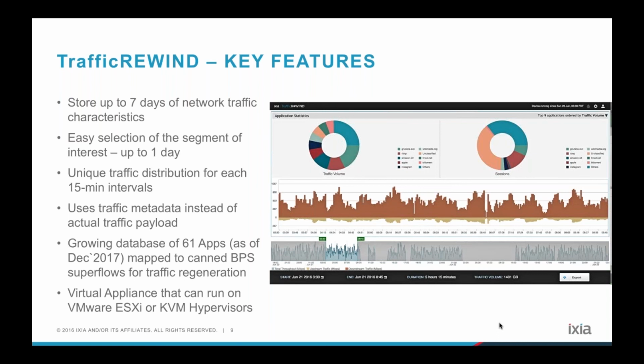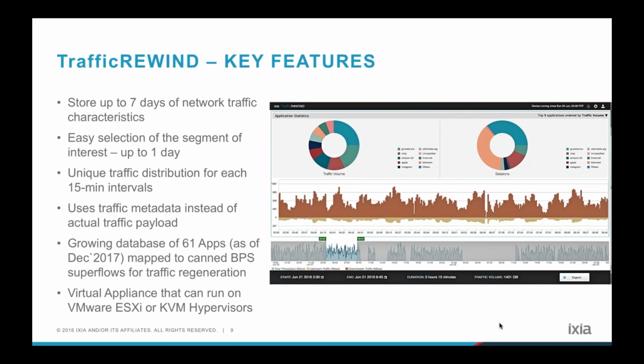Another important and very unique characteristic is that each 15 minutes will have a different traffic distribution. What that means is that we are splitting the time segments into 15-minute intervals that have a different application distribution and a different traffic load. That's quite unique, and that helps preserve the temporal factor that I was mentioning at the beginning of this webinar.